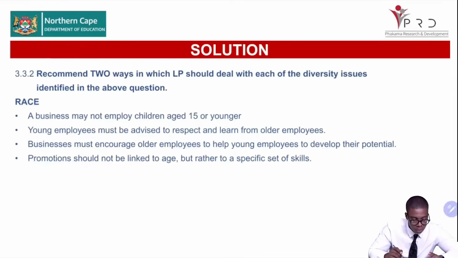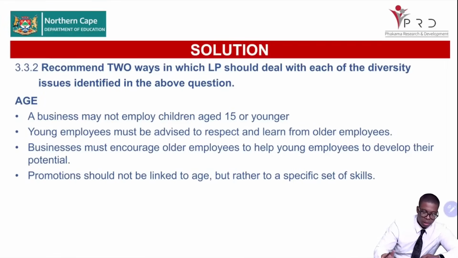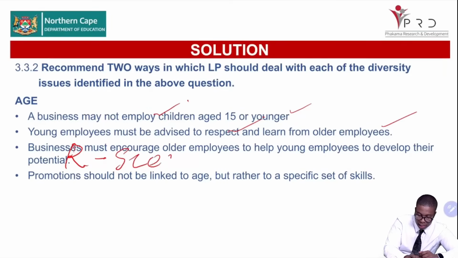Then we look into how to deal with age. For instance, a business may not employ children aged 15 and younger, younger employees must be advised to respect and learn from older employees, and the business must encourage older employees to help. Now we cannot allocate a mark for this one. I will give it an R, because we saw it in the scenario.